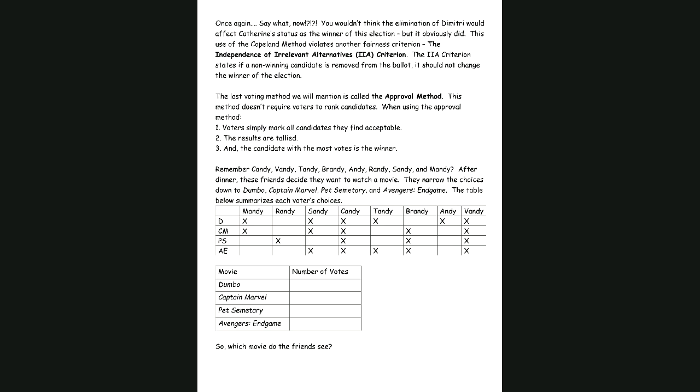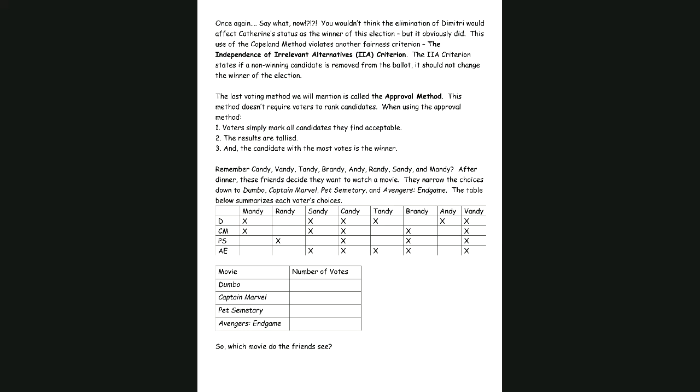So, Dumbo: Mandy, Sandy, Candy, Andy, and Vandy all said that they would be fine seeing Dumbo, right? Randy didn't want Dumbo, and neither did Brandy. Captain Marvel, we had 1, 2, 3, 4, 5 people who said Captain Marvel was okay.